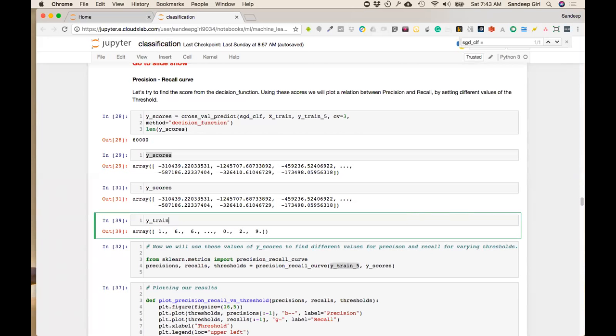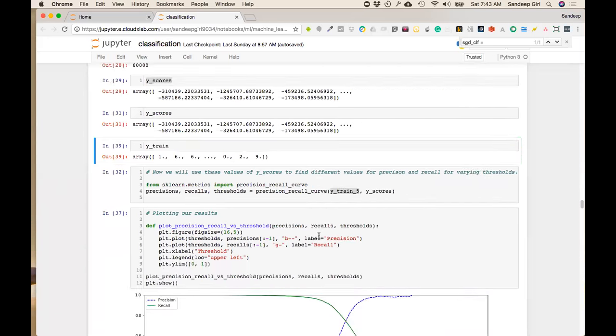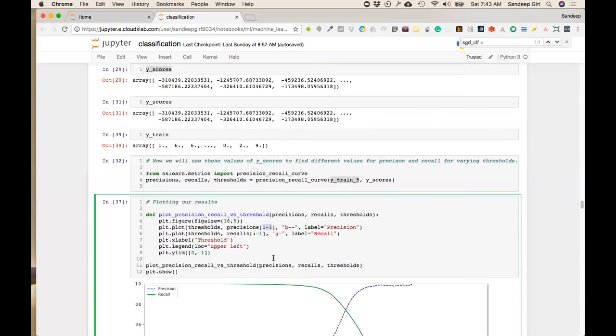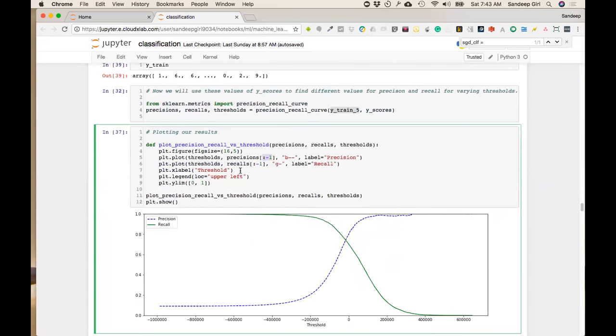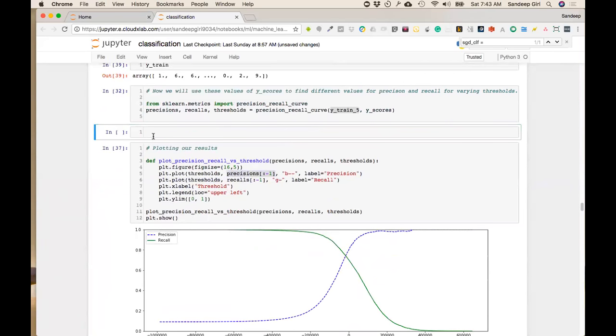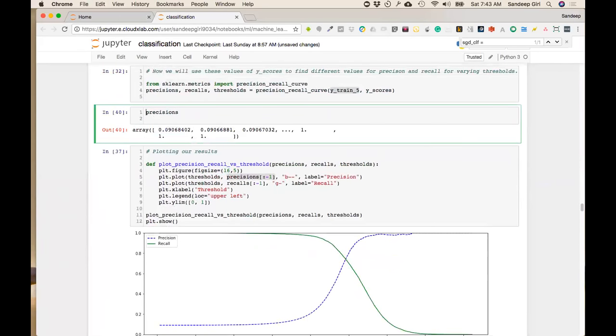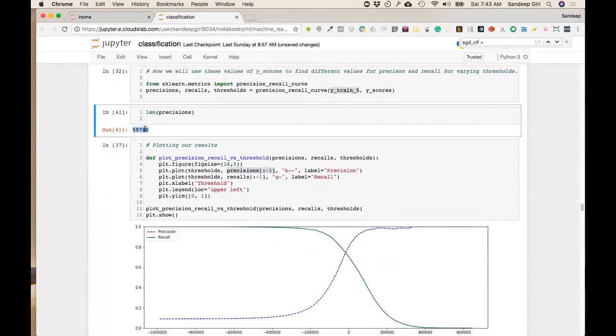All right. So a question from Vinta: why do you set the range of precision and recall as :-1? What does it do? It basically takes all the values from here, right? So let me just check. If I have precisions, what is the length of precisions? Okay, these many.